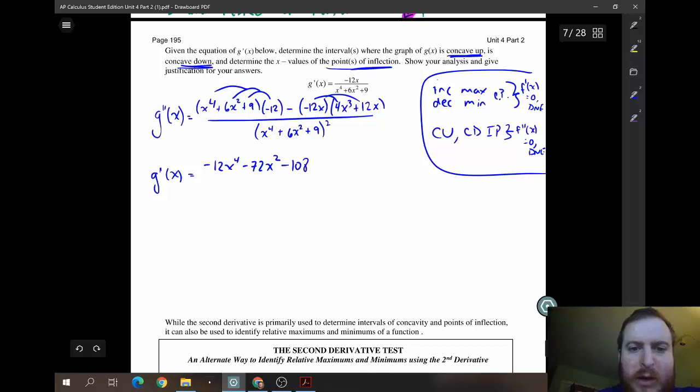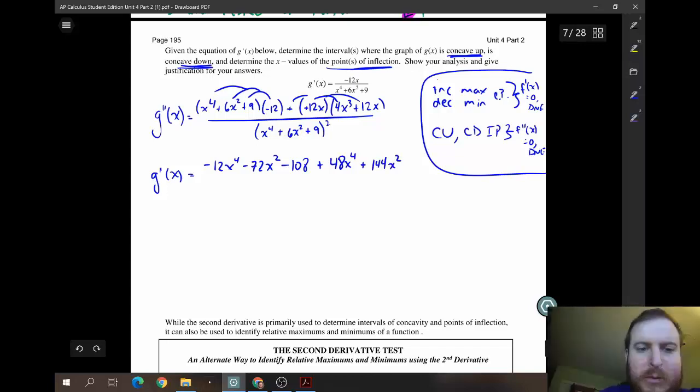Then the negative also needs to distribute, so it turns positive. You can distribute it to one or the other. So this will be plus 12x times 4x cubed, which is 48x to the fourth, and then 12 times 12 is plus 144x squared.